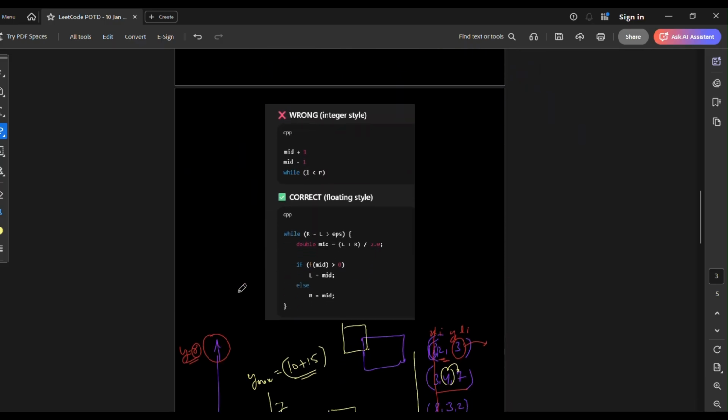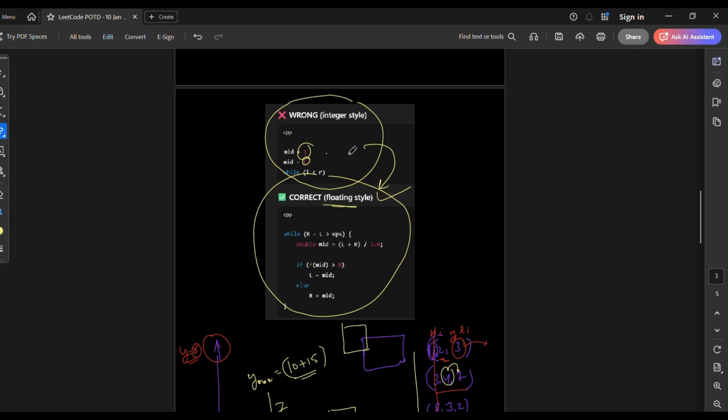And what is the difference between this kind of binary search and the floating style of binary search? In the usual kind we are just doing plus 1 and minus 1. But in the floating style of binary search, we can't do these things. We can't do mid plus 1 or mid minus 1, because we will lose a lot of in-between decimal values, which may be our solution.